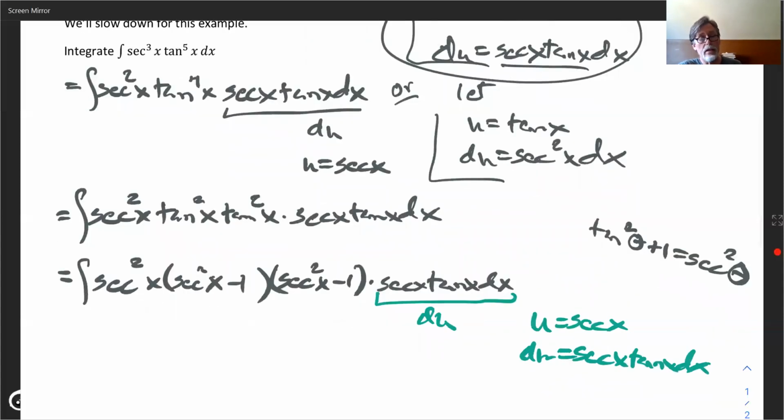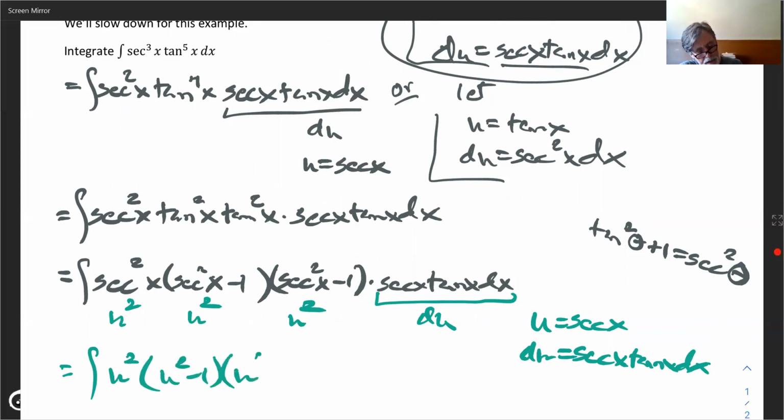And wherever I see a secant squared, that's a u squared. That's a u squared too. Okay, so our integral becomes u squared minus 1, and u squared minus 1 again, times guess what? du. You had to peel off the secant and the tangent to make that u substitution work.